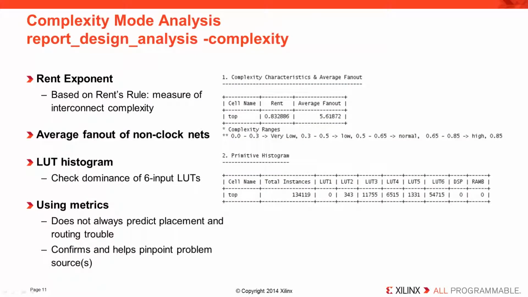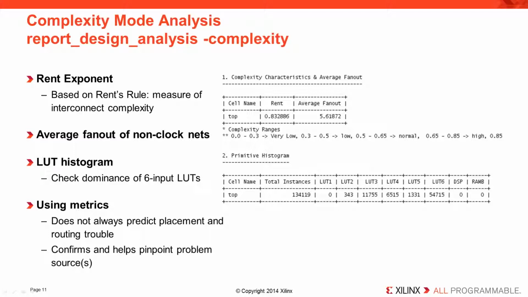Now on to complexity mode analysis, which reports key complexity metrics of the design. The Rent exponent is a metric based on Rent's rule, a commonly used measure of interconnect complexity in integrated circuits. A higher Rent is often associated with reduced routability, but not always. The average fan-out of non-clocks also gives you an idea of the design complexity, higher fan-out indicating a more complex netlist.